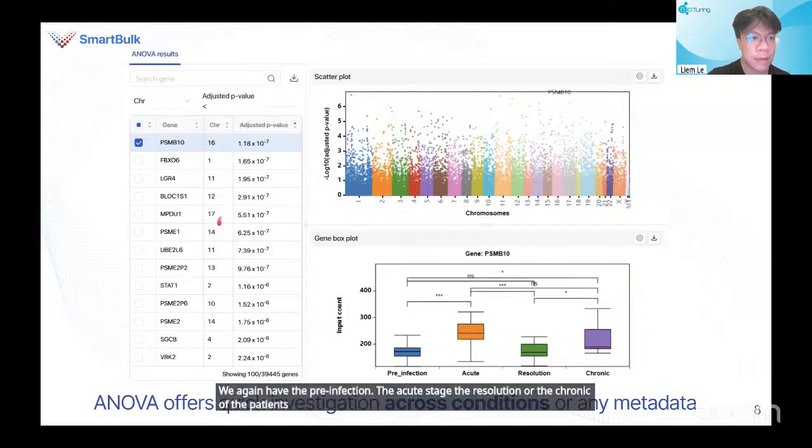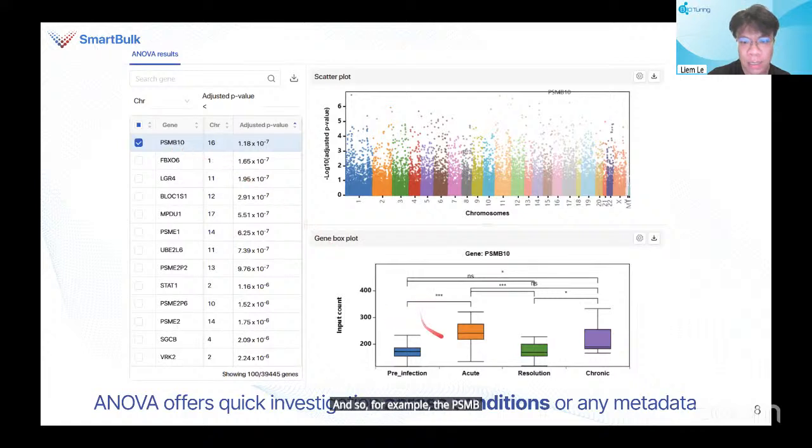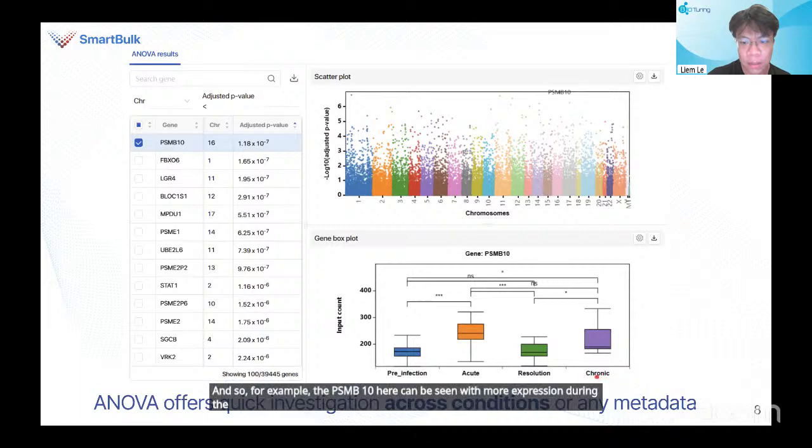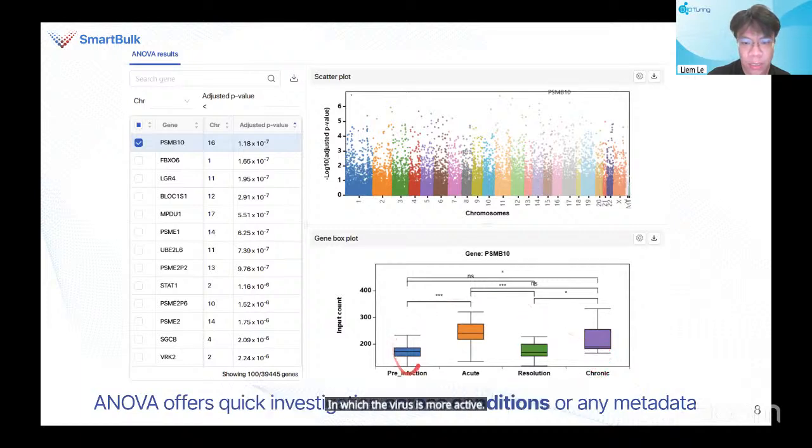So this ANOVA result is useful when we want to have a quick look at the genes. For example, PSMB10 here can be seen with more expression during the acute and chronic phases, in which the virus is more active, compared to the pre-infection or resolution stages.